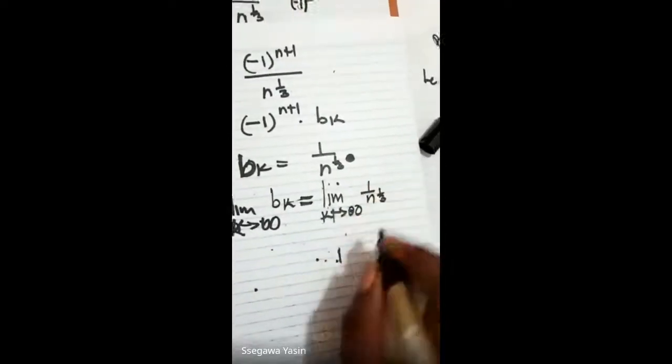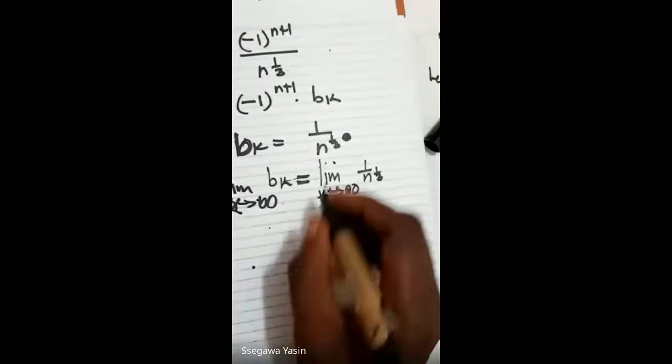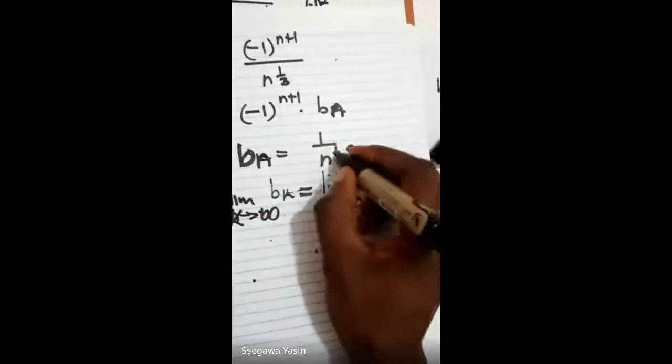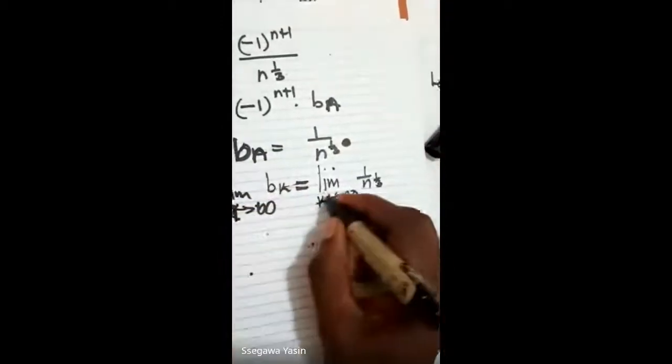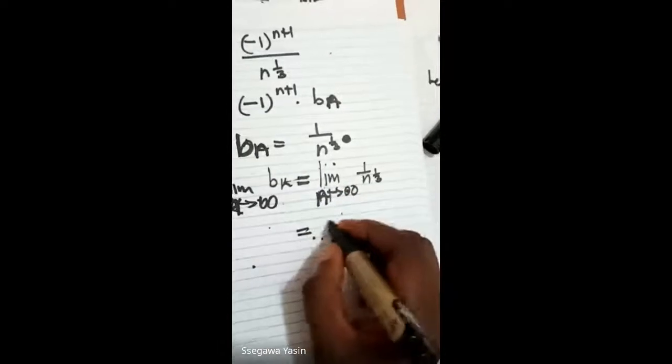This is n, b_n. So can you see a 0 somewhere? Yes. Okay, that's nice.